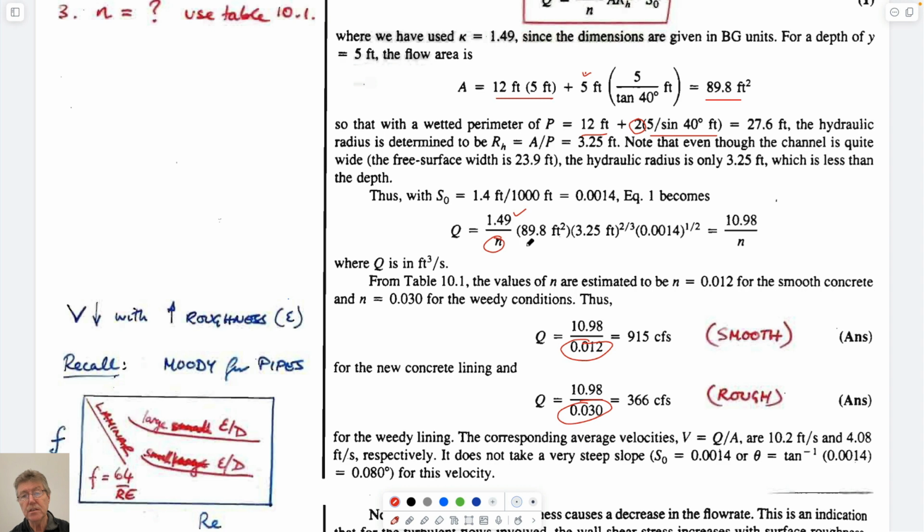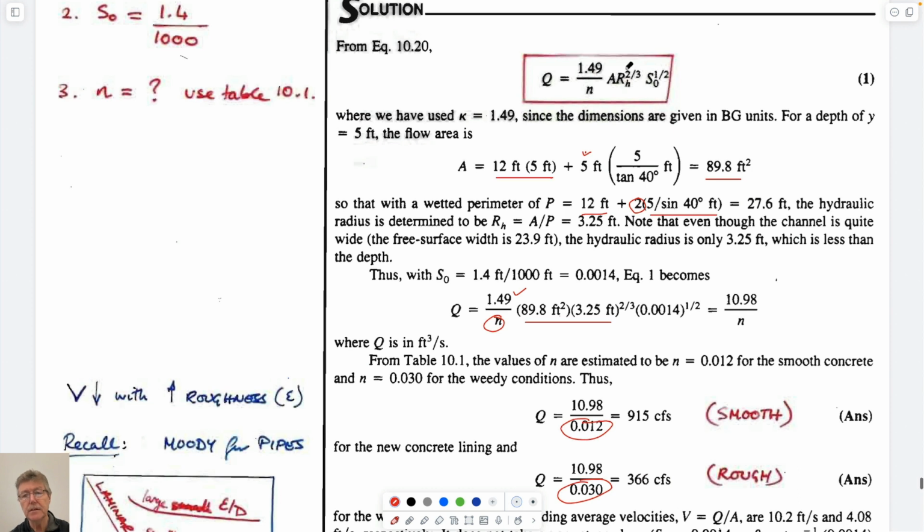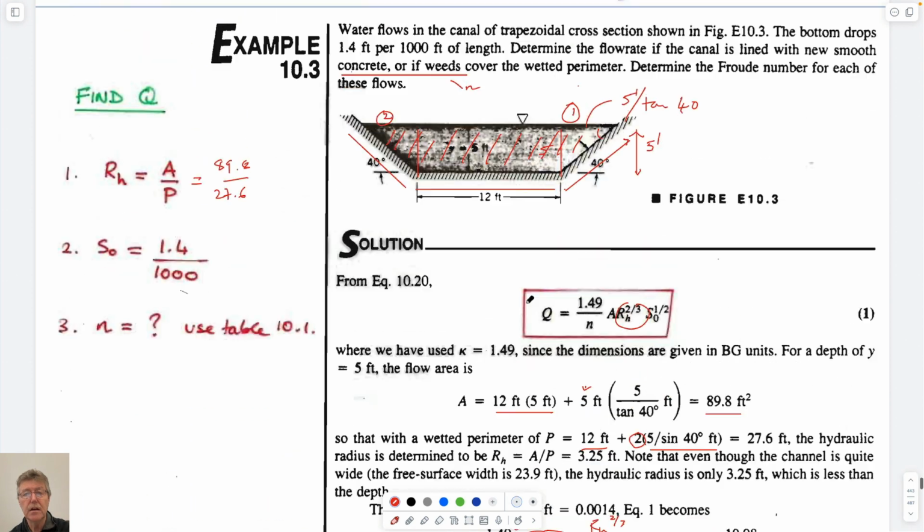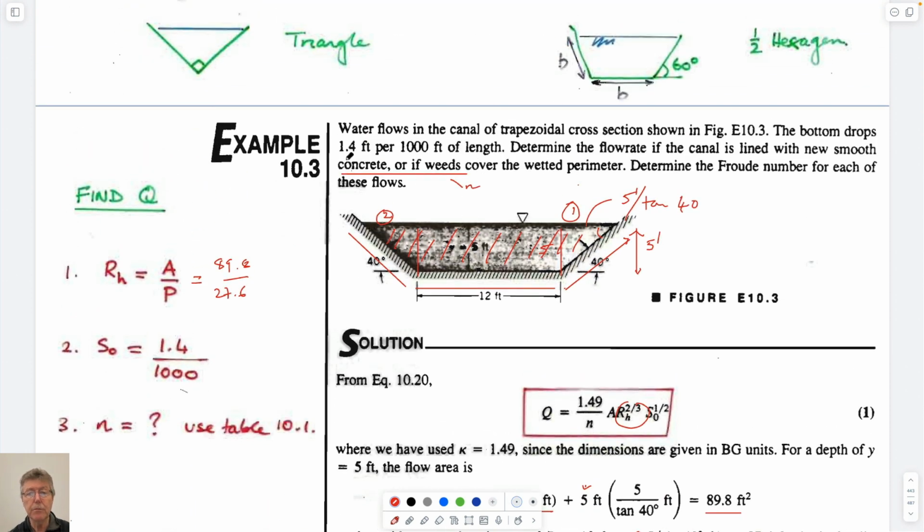And then this is just the hydraulic radius to the power 2/3, which is this term. This is the area. This is the hydraulic radius to the 2/3. And this is the slope of the bed, which is every 1,000 feet, it goes down 1.4 feet.